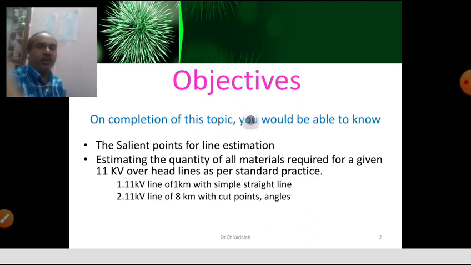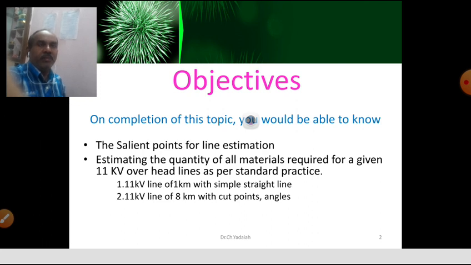First problem regarding an 11 kV line of 1 kilometer, a simple straight line. And second case, same problem, but the distance is 8 kilometers from the existing line and 4 angles of 90 degrees, changing direction of the line diagram.